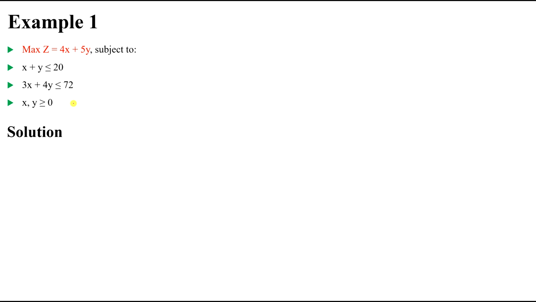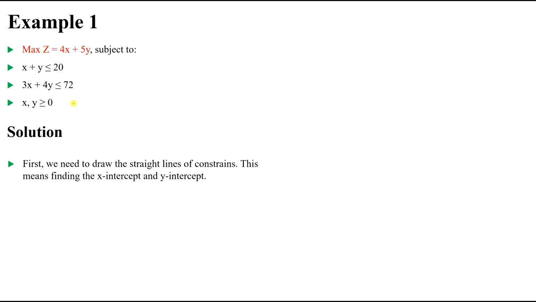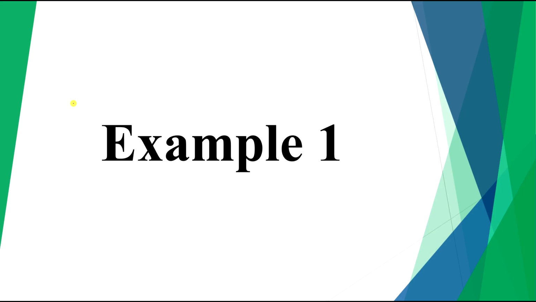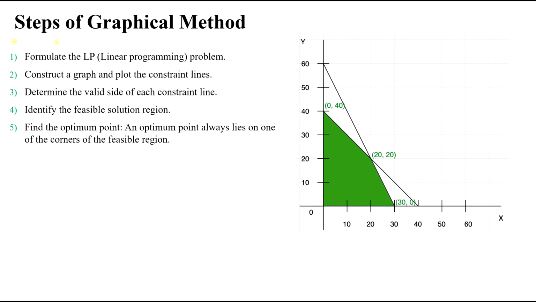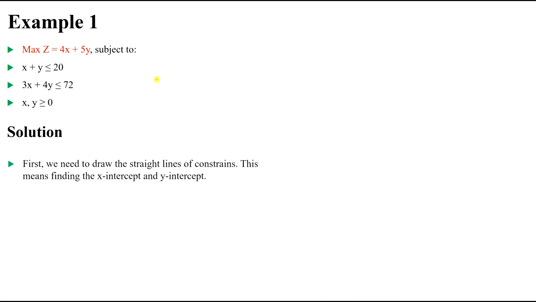So how are we going to solve our problem? As we learned before, number one, we need to formulate the linear programming problem, and then we construct a graph and plot the constraint lines. Here we already have our formulation: the objective function z equals 4x plus 5y, and some constraints.